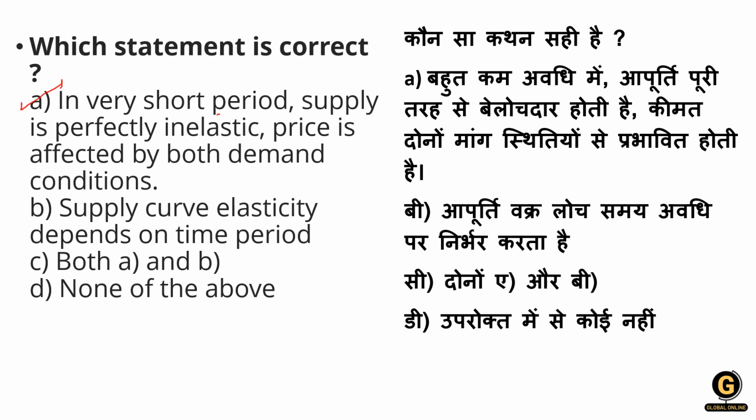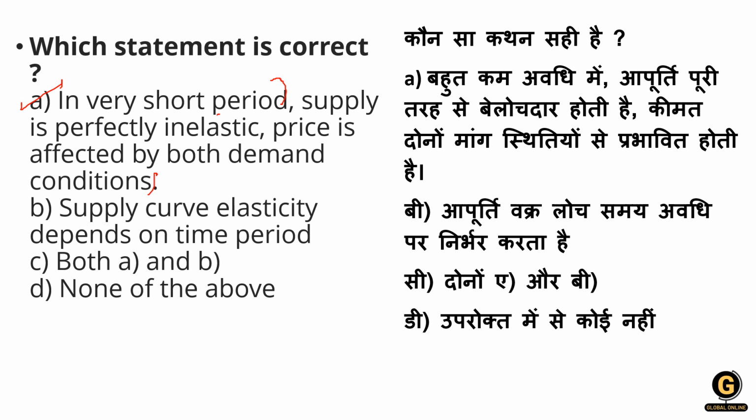Why? In the short period, supply is perfectly inelastic. Of course, supply will be perfectly inelastic in a short period; it will be elastic in a long period. Price is affected by both demand and supply conditions, so this statement is true. Option B, supply curve elasticity depends on the time period.